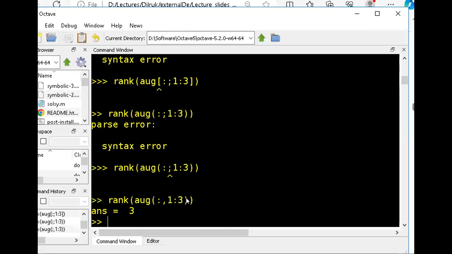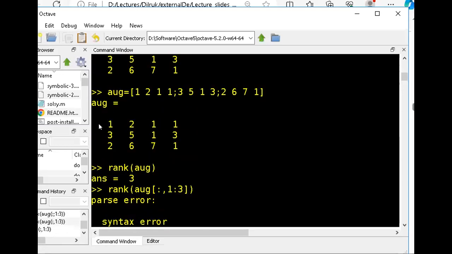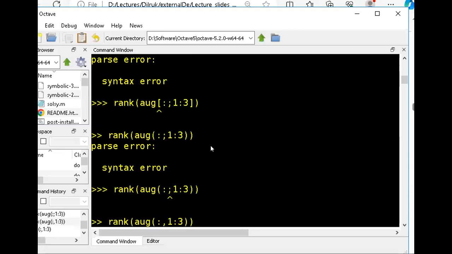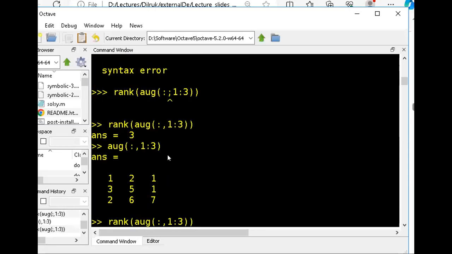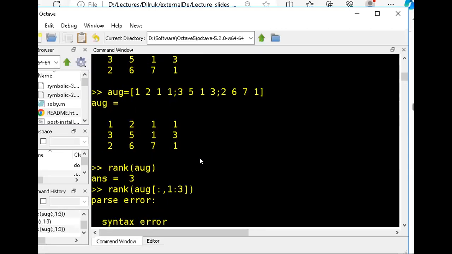So this is your coefficient matrix augmented. Look at this if you want to see the coefficient matrix. This is your coefficient matrix here, this bit. Then I found the rank of the coefficient matrix, which is 3, full rank. No worries, you have a unique solution to this one.